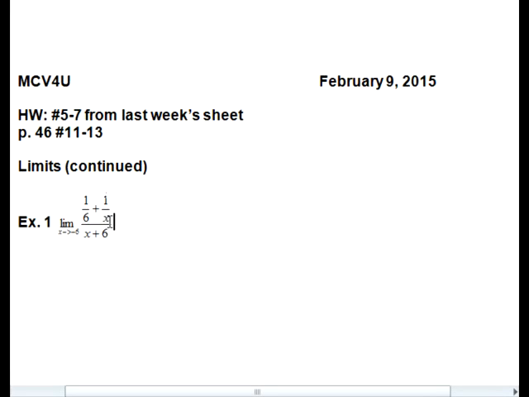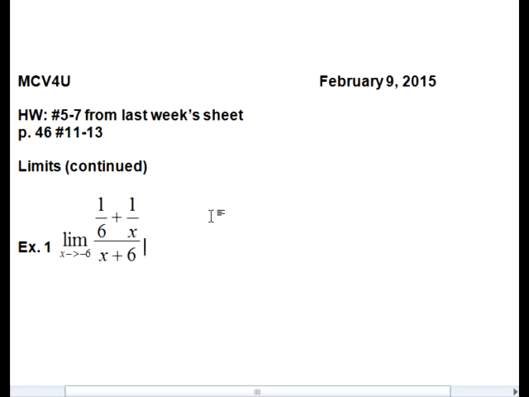Okay, I'll make it a little bit bigger so you can see what it's supposed to say. The rest of them won't be that big. So that says the limit as x approaches -6 of 1/6 plus 1/x all over x plus 6. As I mentioned previously, that's what we call an exciting limit.